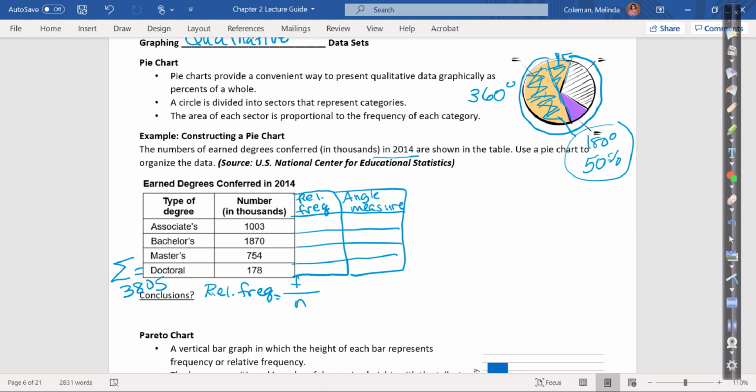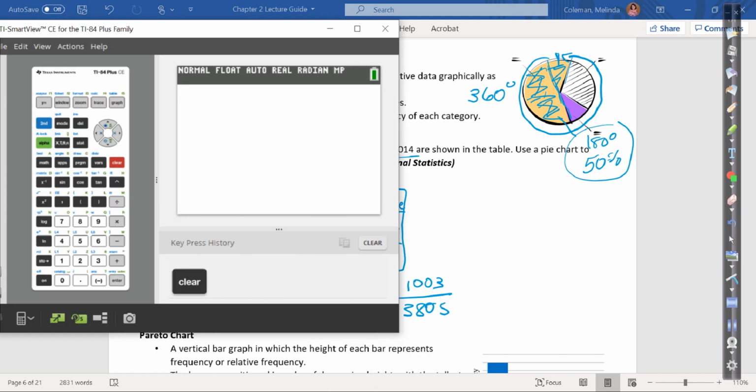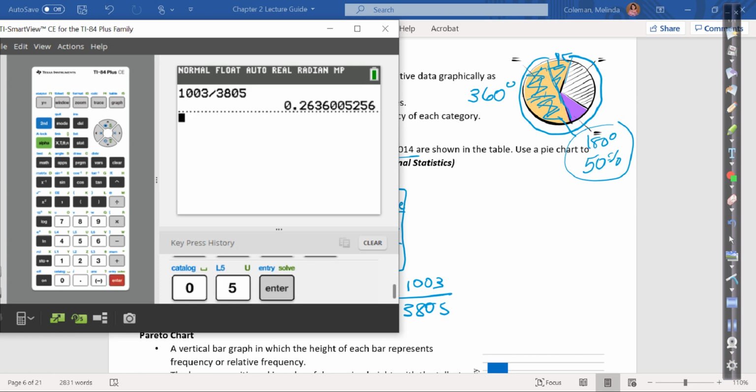So the first relative frequency for associate's degrees would be 1,003 divided by 3,805. So if I get my calculator out, I have 1,003 divided by 3,805, and my relative frequency is 0.26.